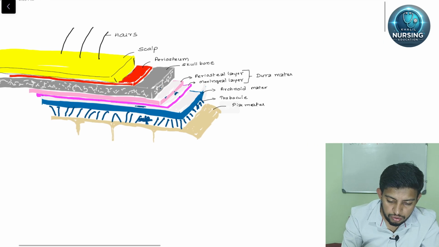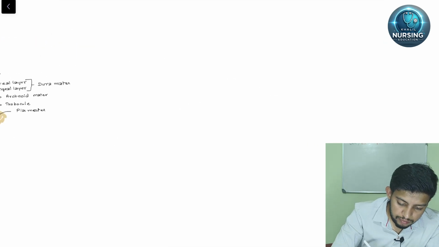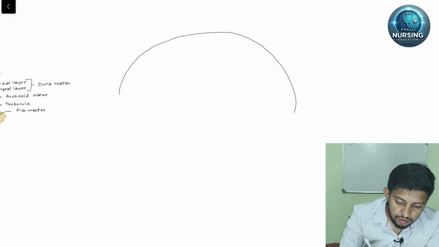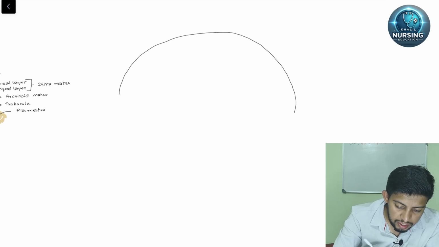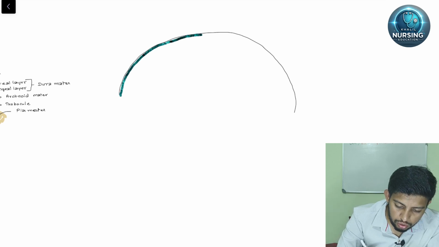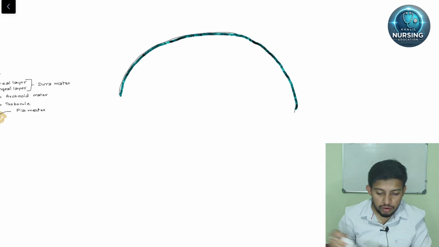So I will explain by writing neatly for understanding purposes. Here there is the presence of the skull. And the skull is tightly attached by which layer? That is the periosteal layer.